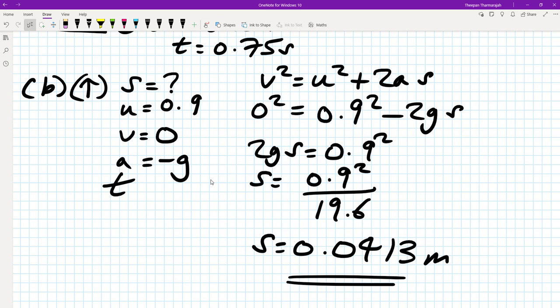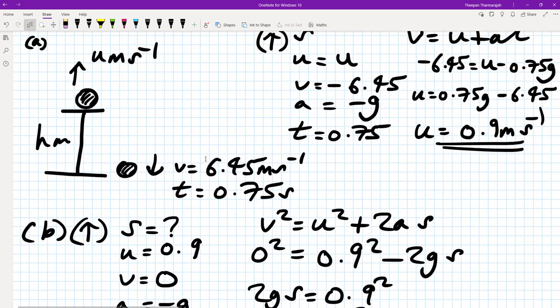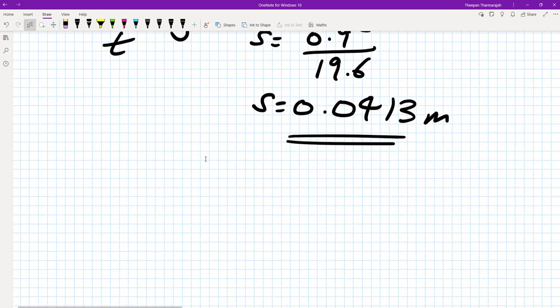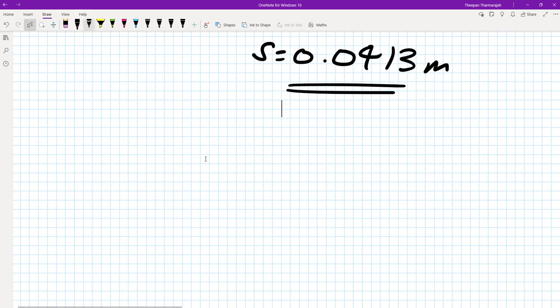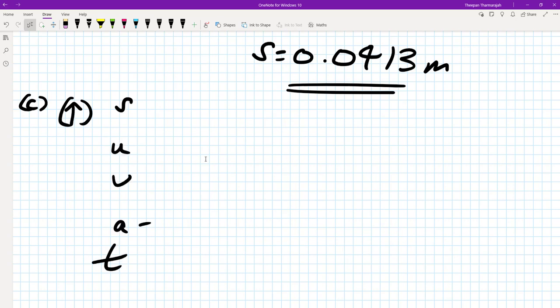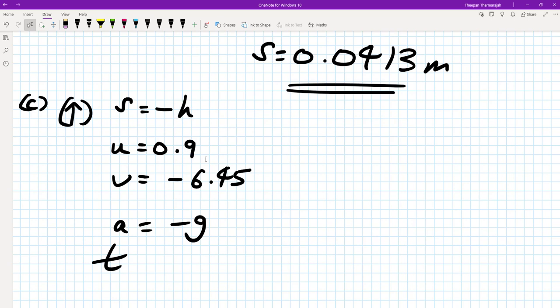Then to find the value of h, don't forget h is below the point of projection. So when we do our SUVAT equation for part C, taking upwards as positive, a is minus g. Now v is minus 6.45 because it's the opposite direction of what we've taken originally, which is upwards. u is 0.9. And don't forget, because h is below the point of projection, it must be minus h.